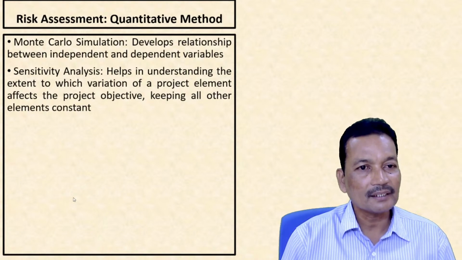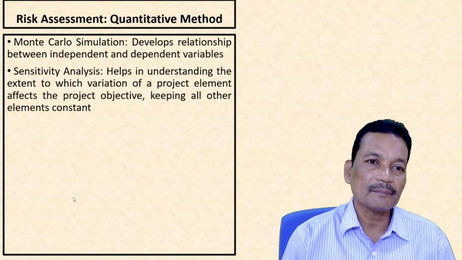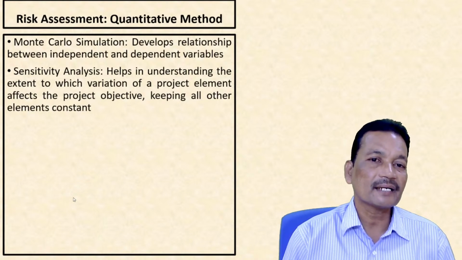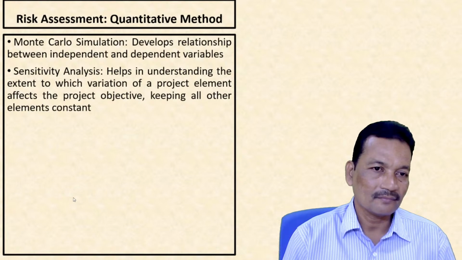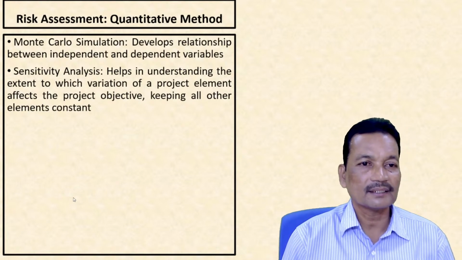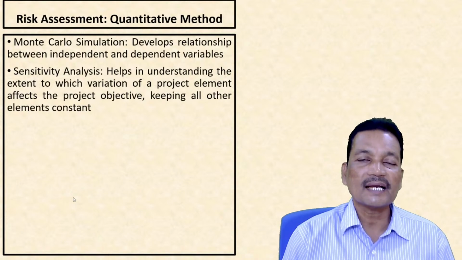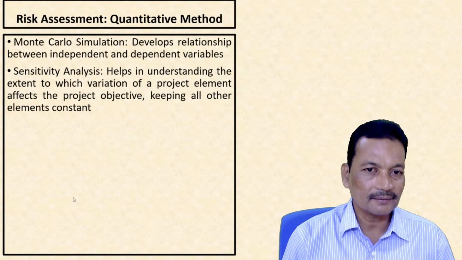Risks are independent. They may occur at any point of time in any amount in the future, for which impact is dependent.